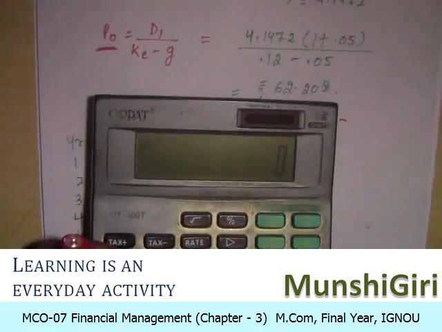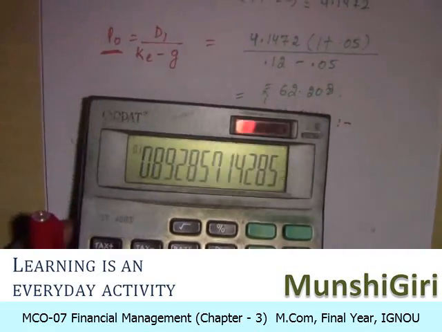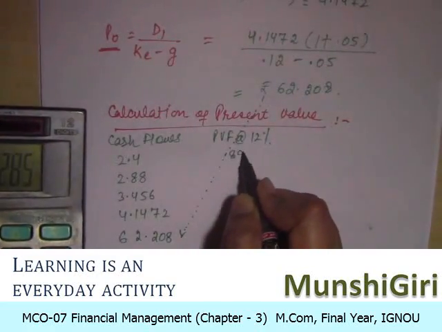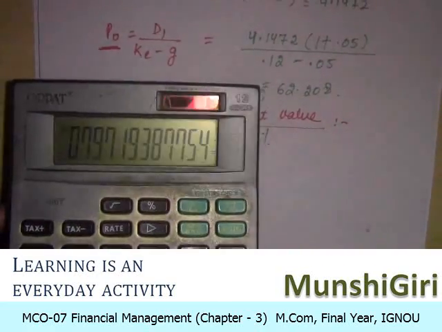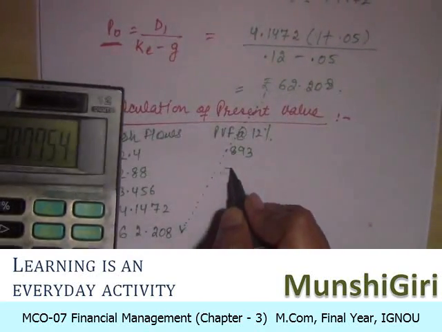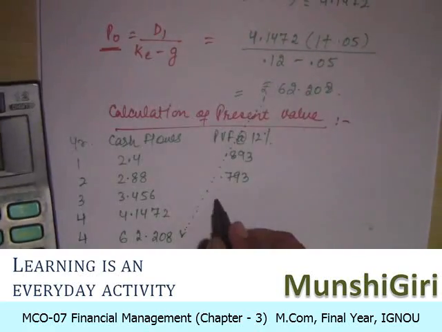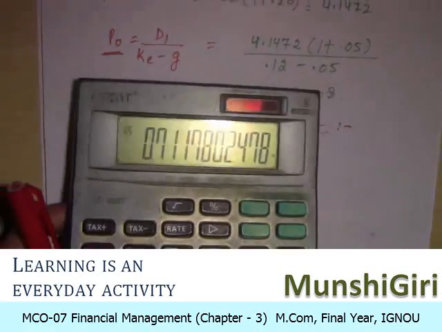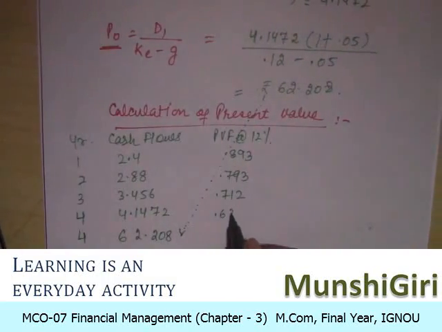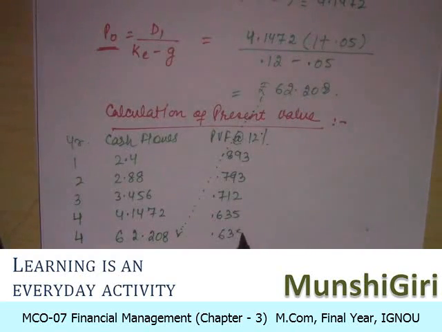So present value factors for 12%, 1 divided by 1.12, 0.893 for year 1, 0.797 for year 2, 0.712 for year 3, 0.635 for year 4, and this is also the fourth year, so present value factor for the fourth year.